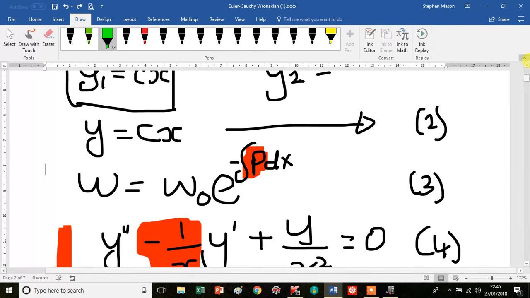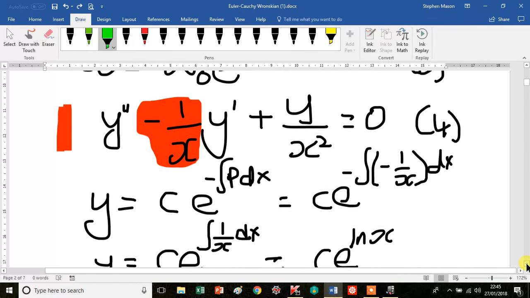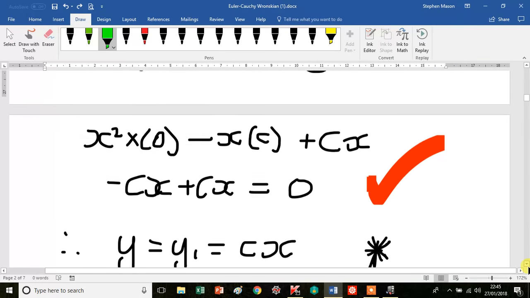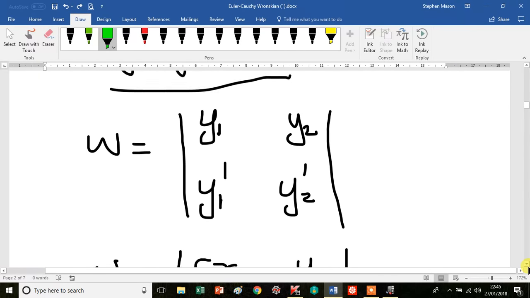So this is the Wronskian. W equals W sub 0 e to the minus of the integral of p dx. And we're going to use that in the part that we're now looking at.